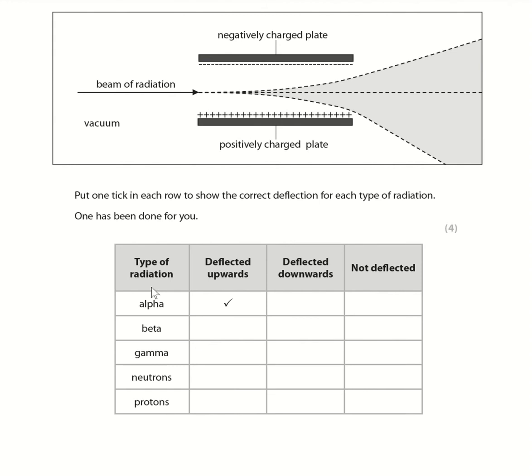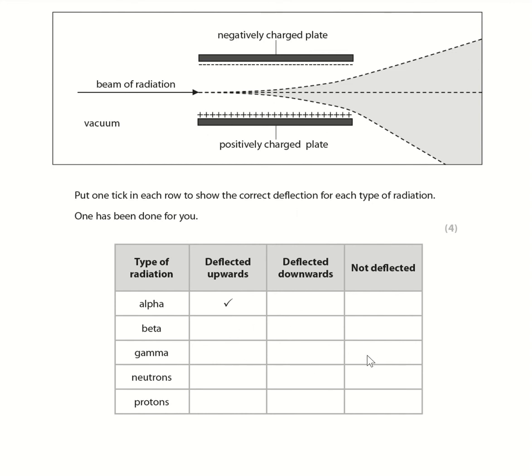So let's check. Alpha is deflected upwards because it is a positively charged particle. Positive and negative attract, and positive and positive repel. Beta is deflected downwards as it is repelled by the negatively charged plate and attracted by the positive plate.